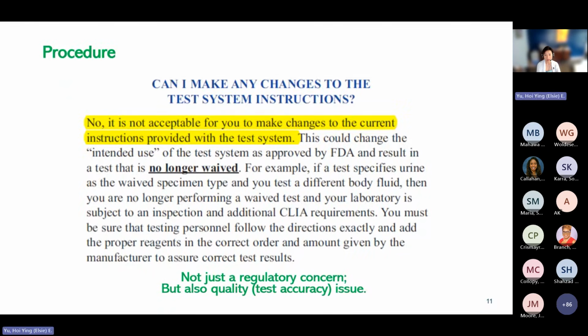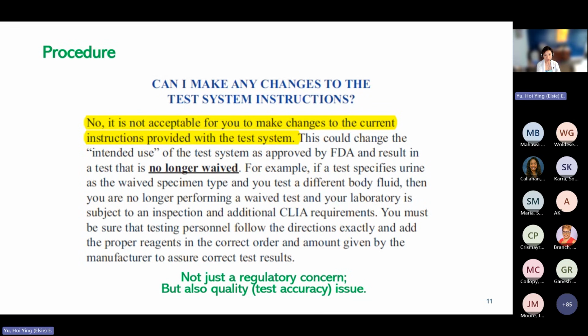The problem with this is that, first of all, we don't know if increasing the incubation time is really going to help improve the test accuracy. In theory, it sounds like a good idea, but if they wanted to do that, we would have to do a validation study.